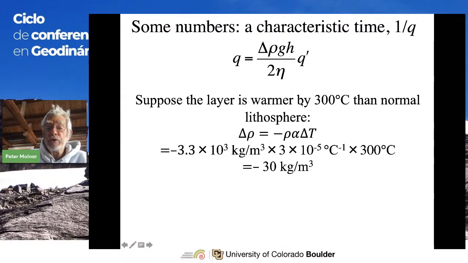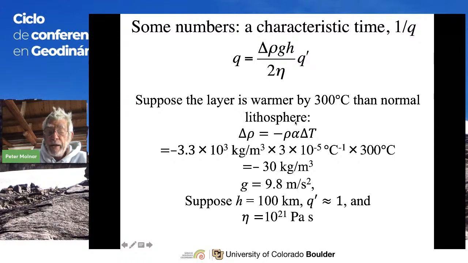Suppose the layer is warmer by 300 degrees C than normal. You know, the mantle, the asthenosphere is 1300 degrees C, so this isn't that big. Then the density anomaly associated with that is the density of the background times the coefficient of thermal expansion times the temperature difference. And you put numbers into that, density, coefficient of thermal expansion, temperature difference. 30 kilograms per meter cubed would be the value one would put in here.